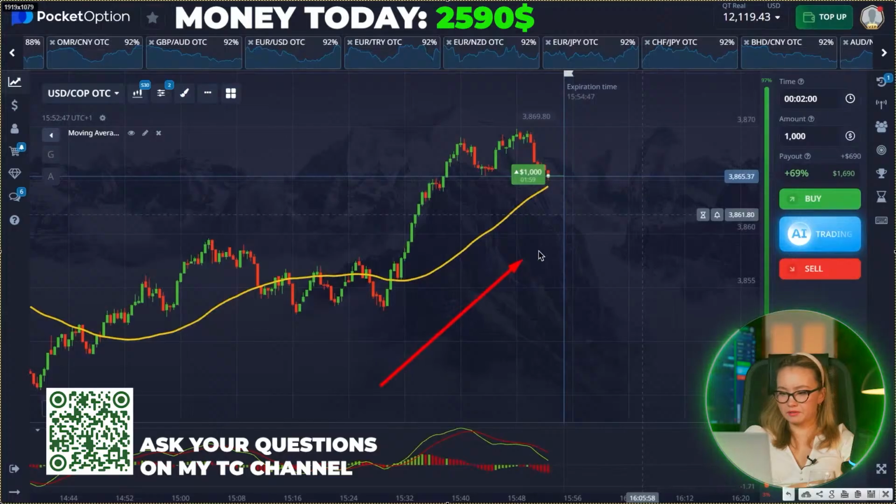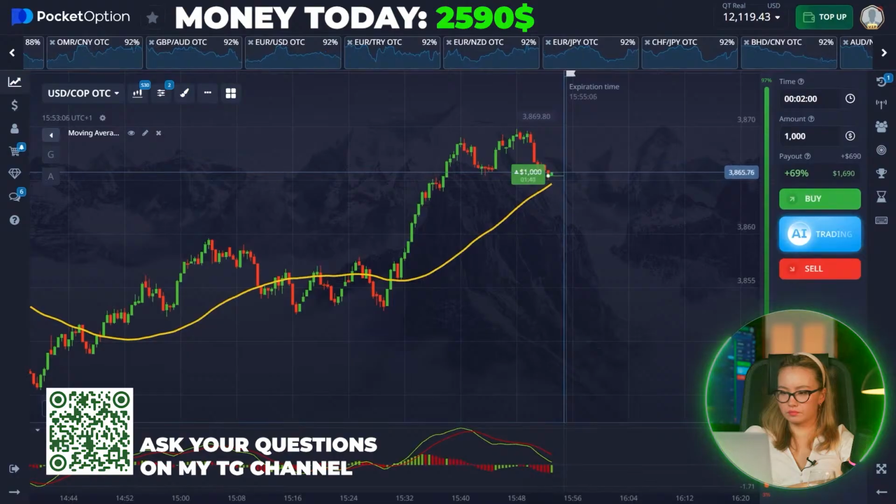We see an uptrend, a move towards the moving average, and the MACD is above 0. I might open another trade later when they get closer. Alright, we've got a reaction.